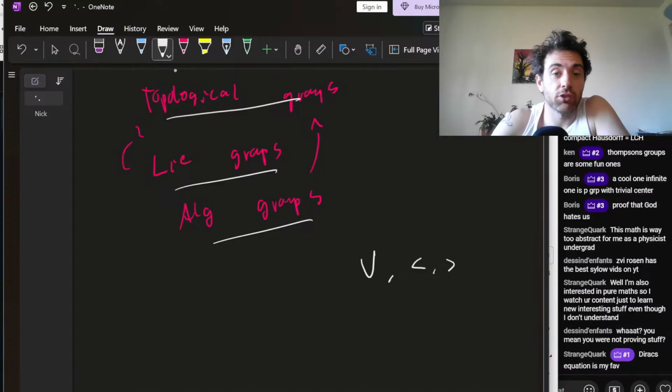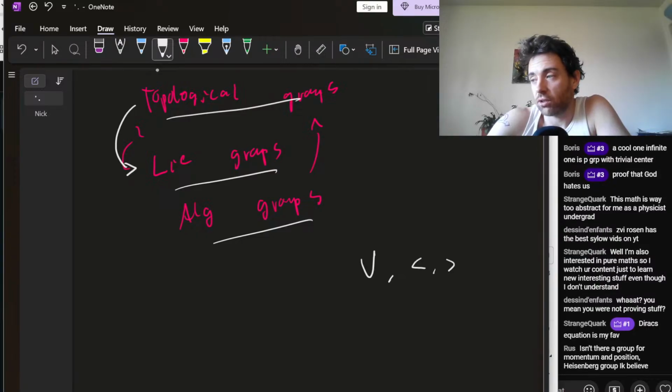So again, as we go up in layers of structure, it's easier to study these infinite groups because there's more things you can say. And certainly Hausdorffness, that's not normally an assumption I see, but yes, the Heisenberg group does have something to do with encoding momentum and position. That's something I should cover at some point.